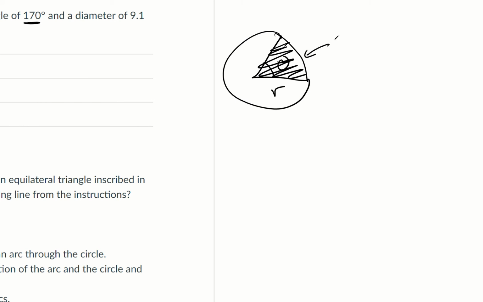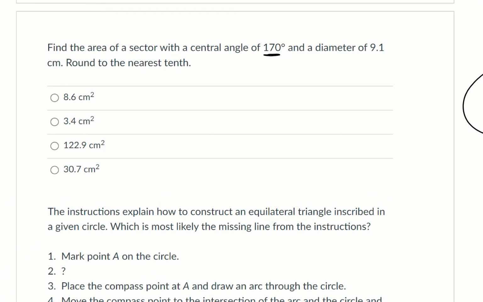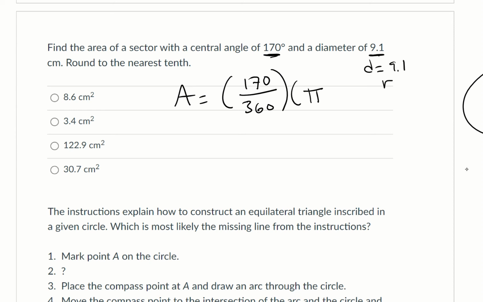The angle here, theta. The area is a fraction of the entire circle, which is pi r squared for the entire circle, and then a fraction of that. So it's going to be theta over 360. The area here is going to be the fraction of the circle, which is 170 for the angle over 360, times pi r squared. Now the diameter is 9.1, which means that the radius is always half of the diameter.